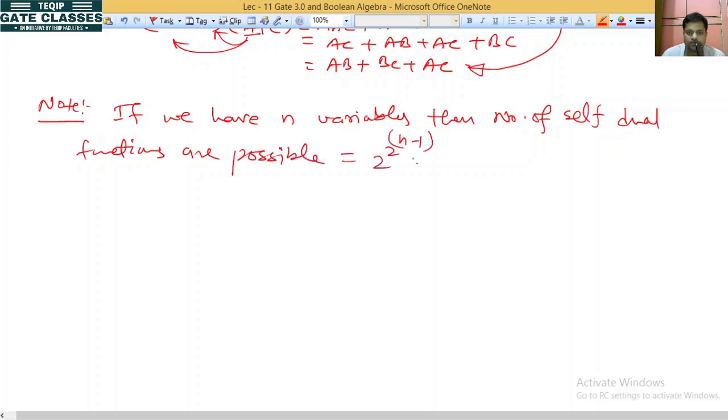This is the formula, very important formula, okay? So this is very important. If we have n variables, then the number of self dual functions possible is equal to 2 to the power 2 to the power n minus 1, okay?